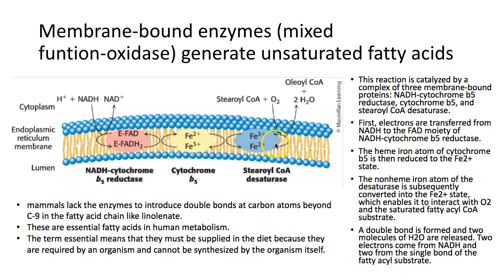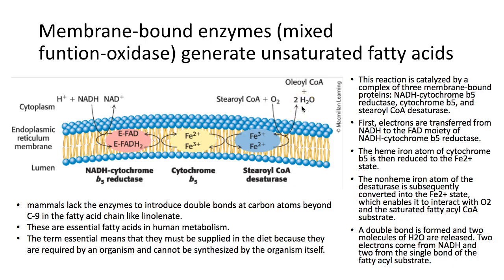Once it's at iron 2, it reacts with oxygen and therefore produces a double bond in the stearoyl coenzyme A and turns it into oleoyl coenzyme A. So it's just the same fatty acid, but with a double bond in the alkyl chain, and that makes it unsaturated. The other product is water.